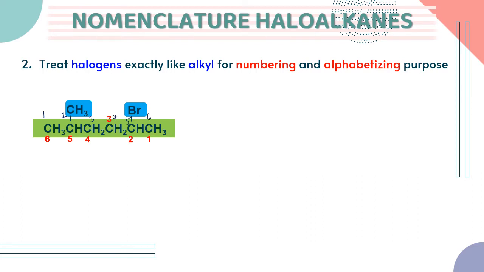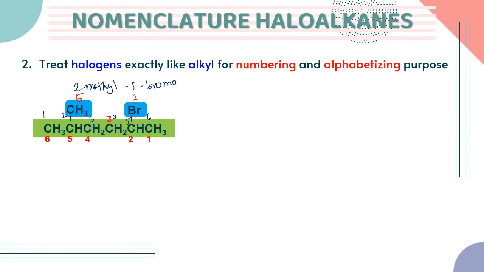With the blue color combination, we get 2 methyl and 5 bromo. And if we use the red color combination, it will be 5 methyl and 2 bromo. So why do we choose the red color one?